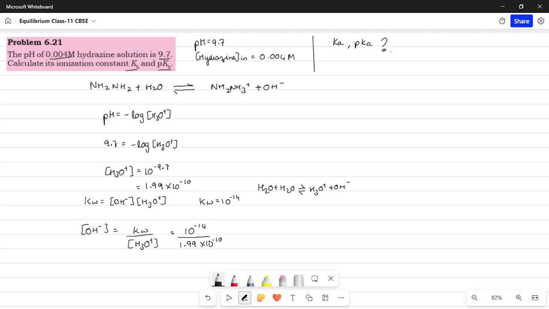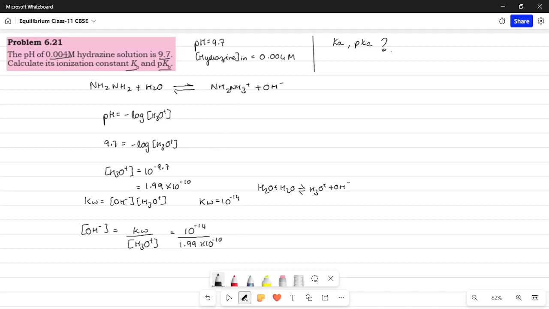Now, the reason we haven't used H3O plus directly is because it's a different ion altogether. If you noticed for our acids, we usually use the pH because the ion was H3O plus, but we are talking about bases. Because of that, you cannot directly use this concentration and say, oh yeah, this is the concentration of the hydrazine ion.